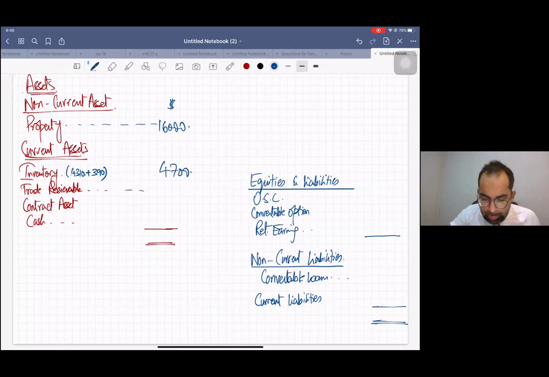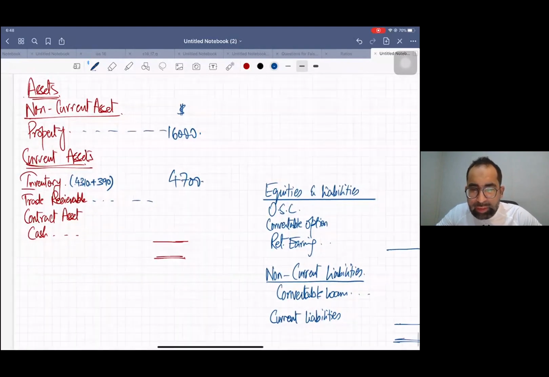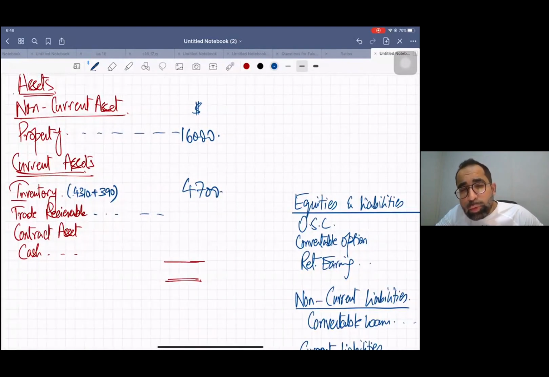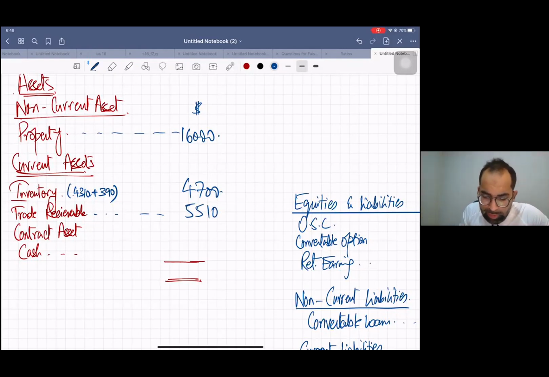Now, as per my knowledge, there is no adjustment for trade receivables. So simply copy and paste from the trial balance. The trade receivable number is 5510. Okay, you can check from the question, you can verify. There was a contract asset.